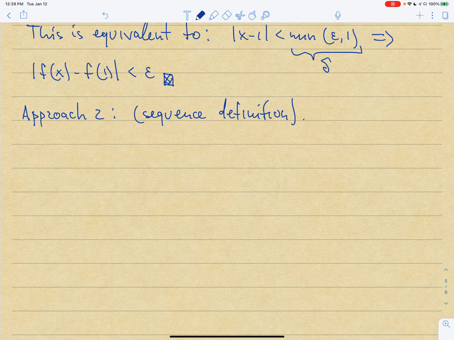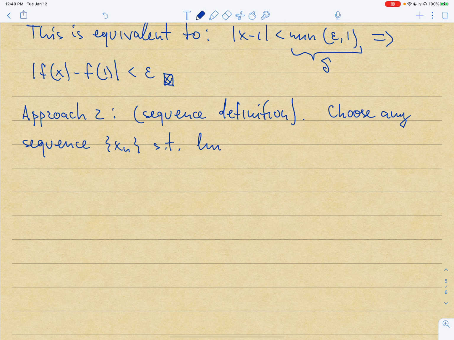All right, so I'm going to choose any sequence xn such that the limit as n goes to infinity of xn is equal to 1, right? In this case, we're looking at continuity of the function at 1.